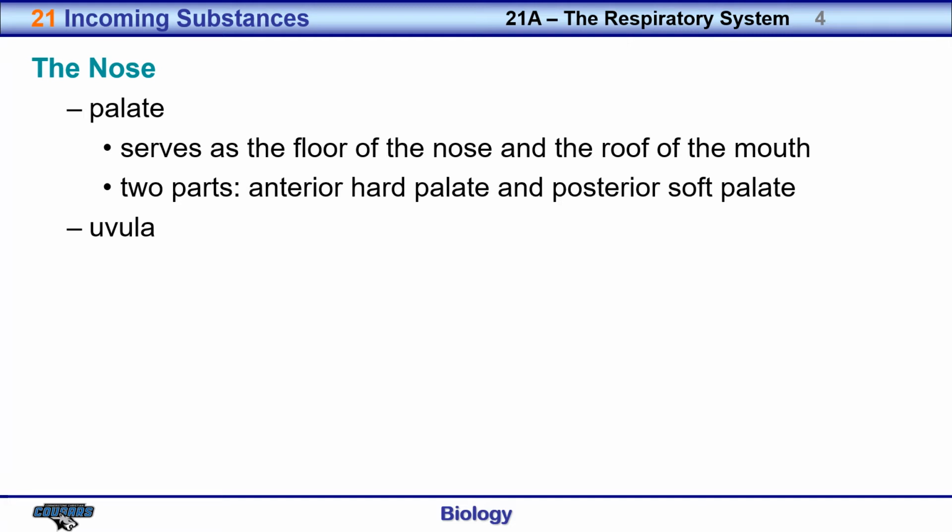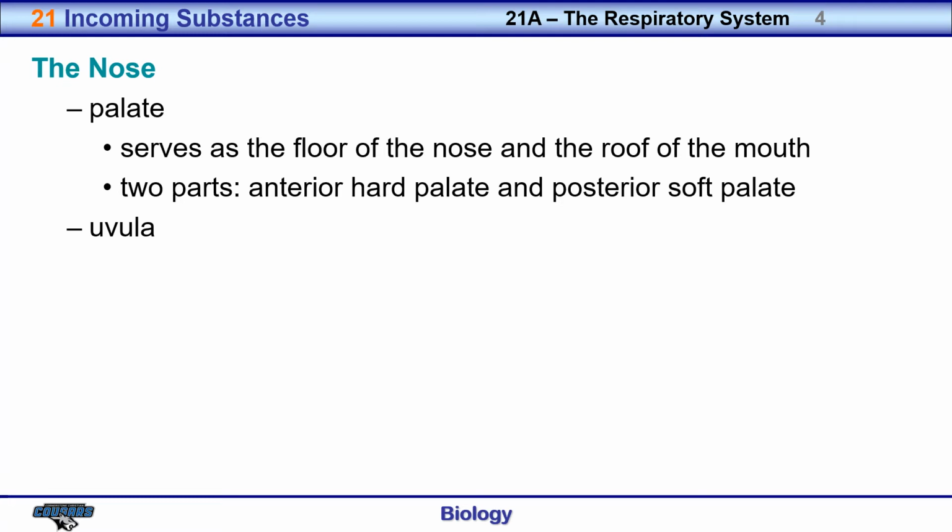The hard palate is actually made out of bone, and as you are growing as an embryo, the hard palate is supposed to grow together, and you can kind of feel a little ridge in the top of your mouth with your tongue where the two bones have grown together.